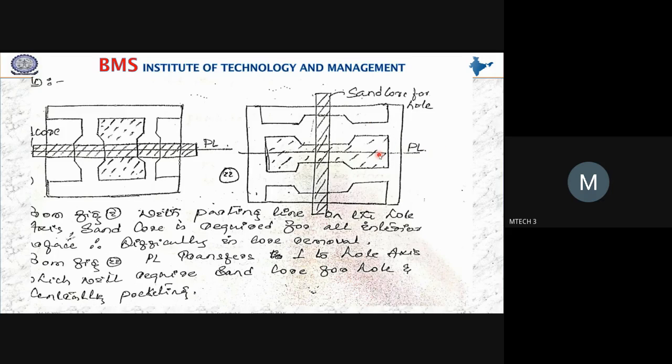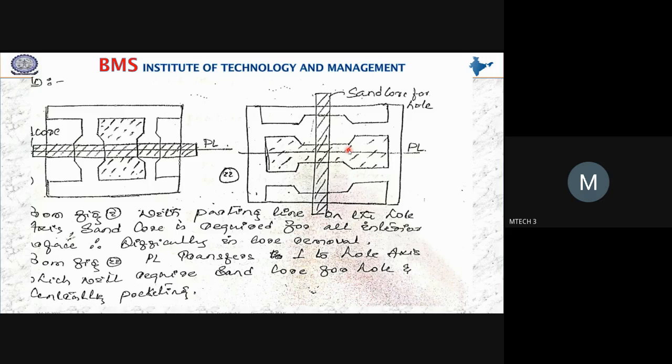So I think what he suggests is this kind of method of casting, making the parting line exactly perpendicular to the hole axis, will give an easier way to remove the sand cores compared to the previous one. Okay, these are the two different parting lines you can observe over here. Look at the two sketches over here and try to understand what's going on there.